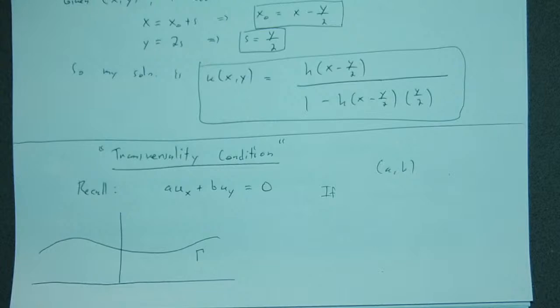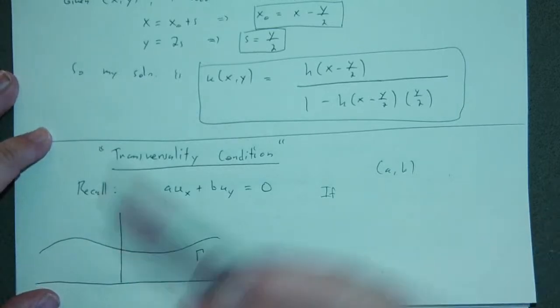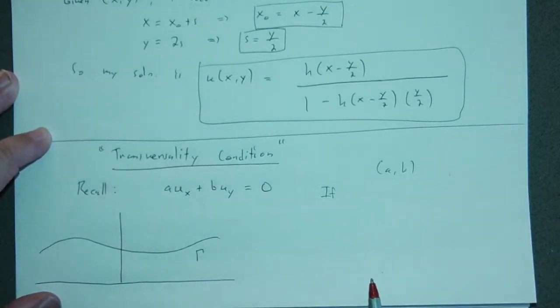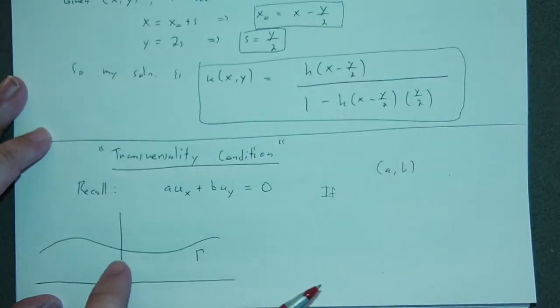But there was a slight issue here. How general or how bad of a curve could I specify my data on and still be able to do all the things I want to do? Well, the main thing is that we wanted our data curve to be transverse, or in general position, relative to the characteristics.